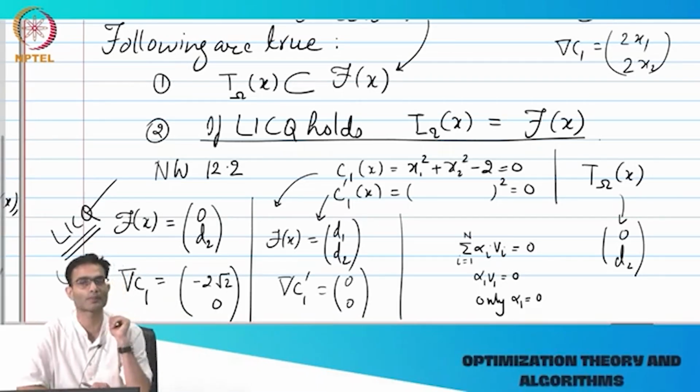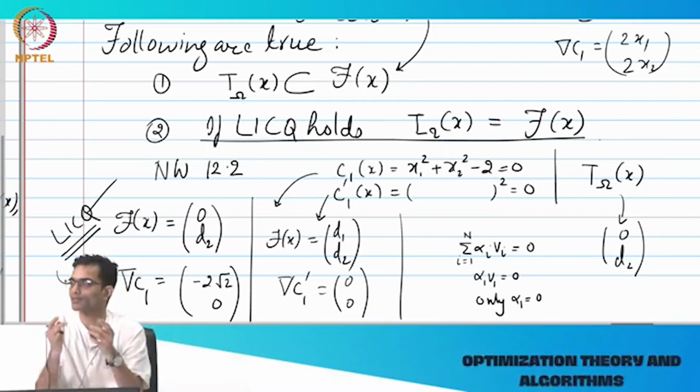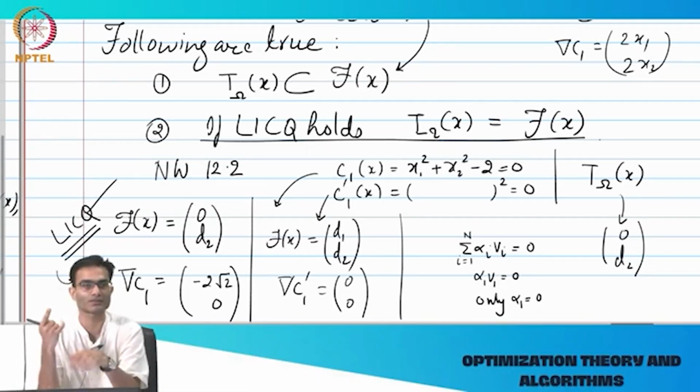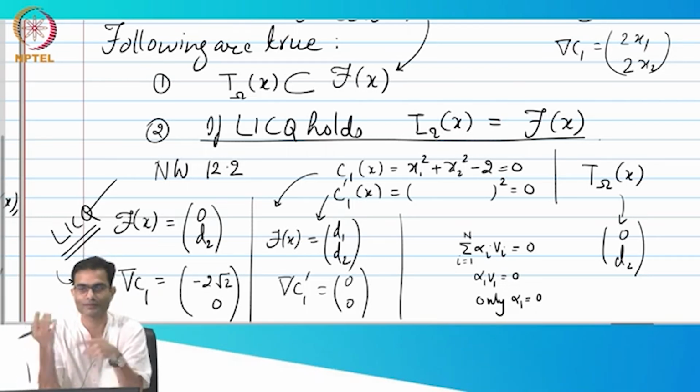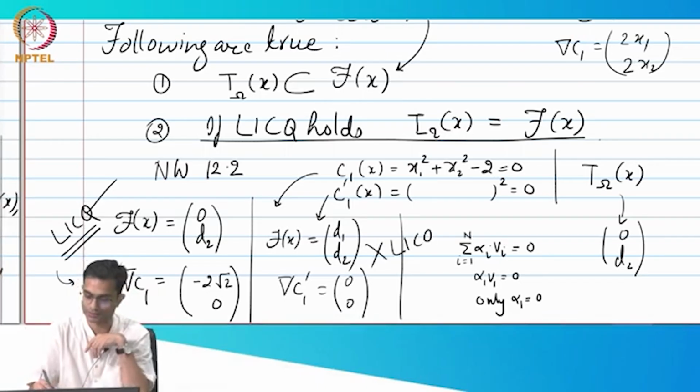This vector 0 comma 0: alpha 1 grad C1 prime will be equal to 0 for any value of alpha, including 0. So this set, which consists of just one vector, is not linearly independent. So it's funny to talk in terms of just one vector, but it's correct, right? So this does not satisfy LICQ.